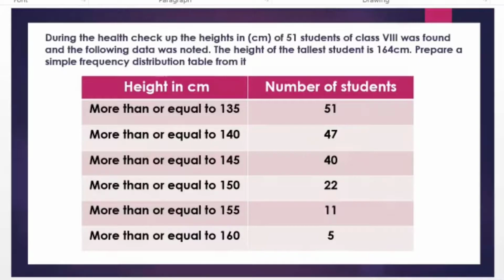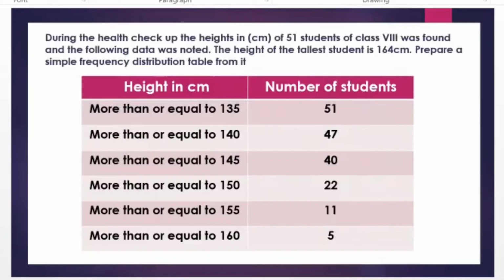Exactly the same way, the second one is more than or equal to 140. That means it has to start from 140, so the lower limit is going to be 140. And because the class size is 5, it's going to be 140 to 145, then 145 to 150, 150 to 155, 155 to 160, and finally more than or equal to 160 means anything more than 160, it could be 170, it could be 180, anything more than 160 is acceptable.